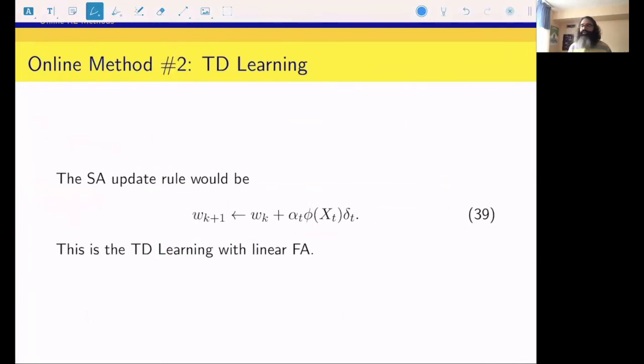It would be w_{k+1} = w_k + learning rate, or step size, times phi(x_t) times the TD error. This is TD learning with linear function approximation. This is now standard; if you go and look at Sutton and Barto's book, that is the TD method with linear function approximation.